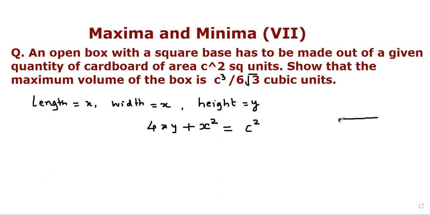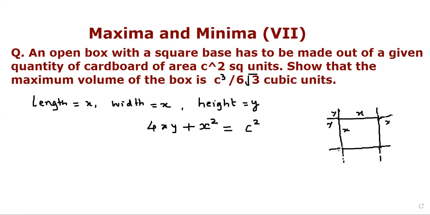The situation is like this. This is the base. This is x. This is x. Now suppose we make it like this and we fold the flaps, and this is y. Then we will get the open box.